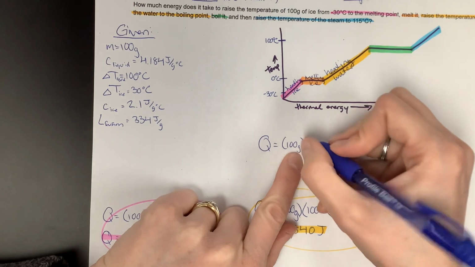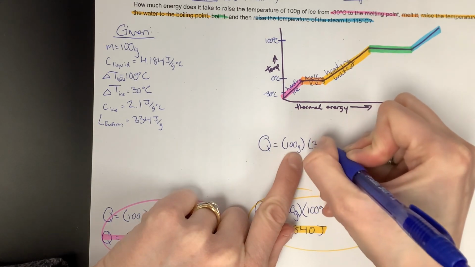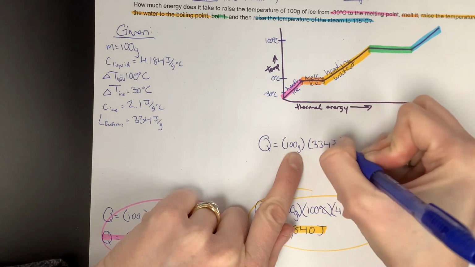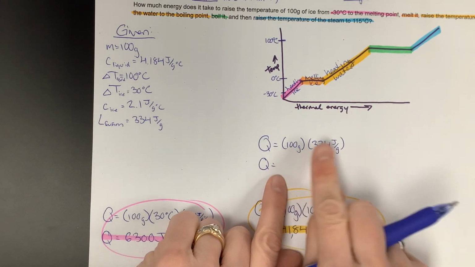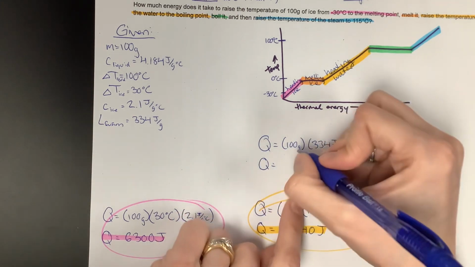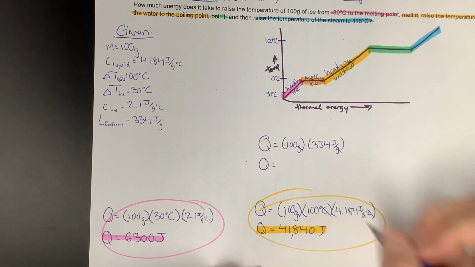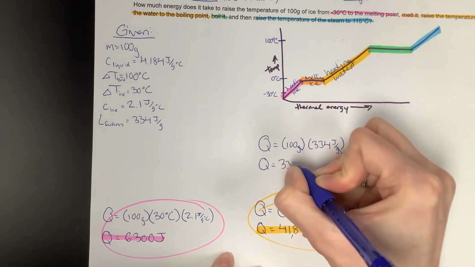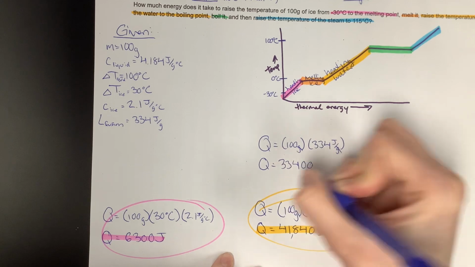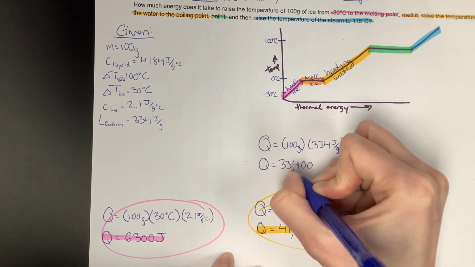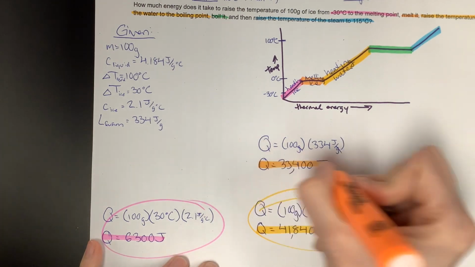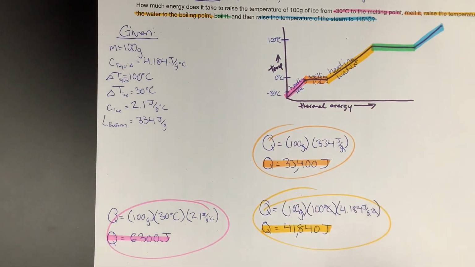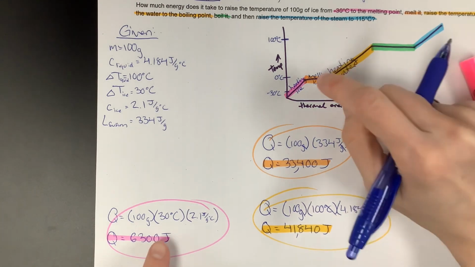And if I've got 100 grams, well, then it's going to take 100 grams times 334 joules per gram. Those are going to cancel. It's going to give me 334 joules. And that's melting ice.